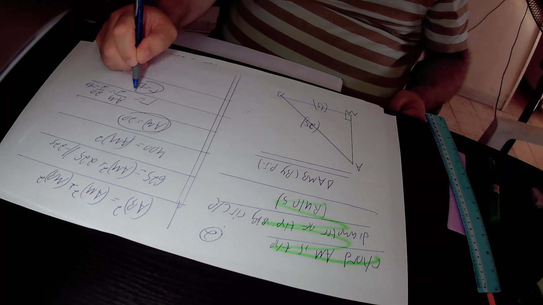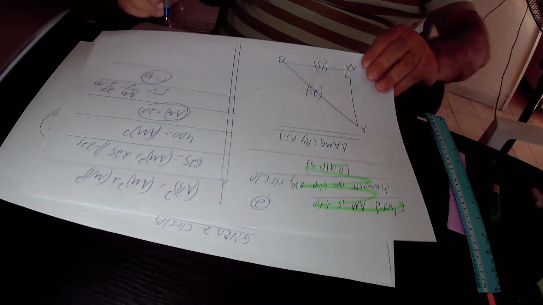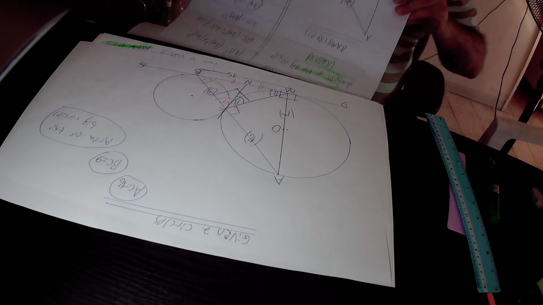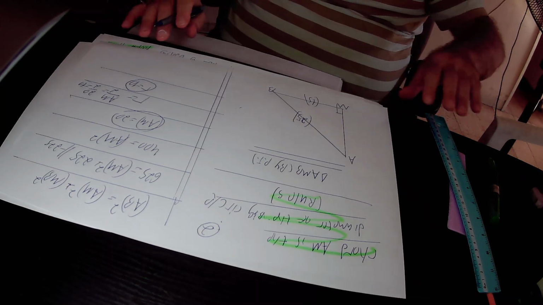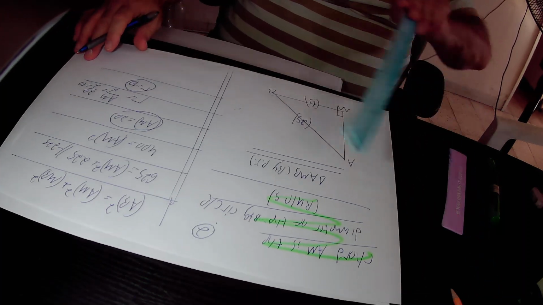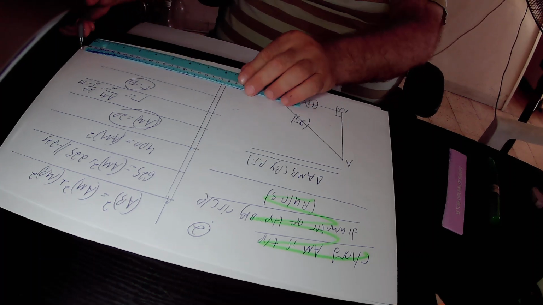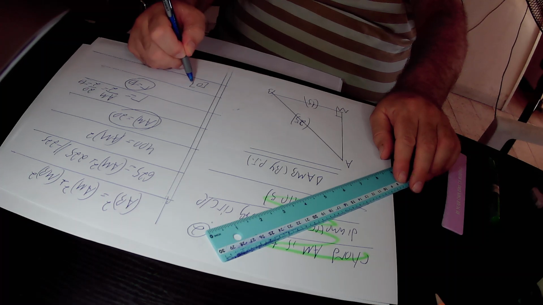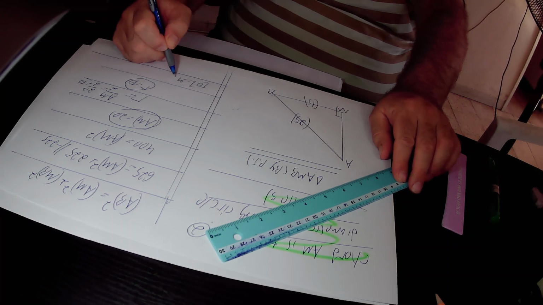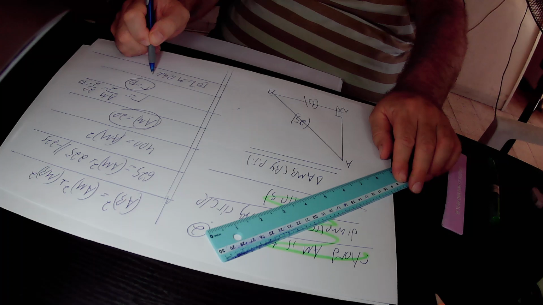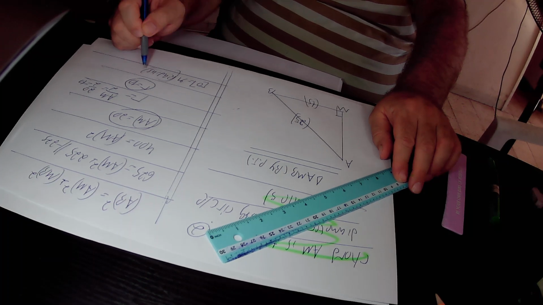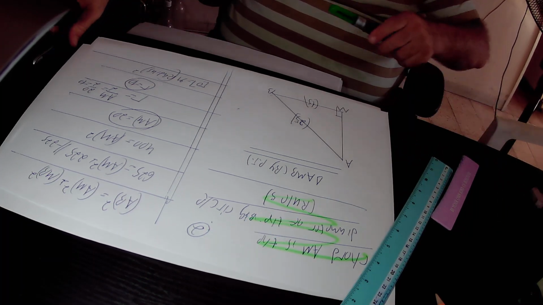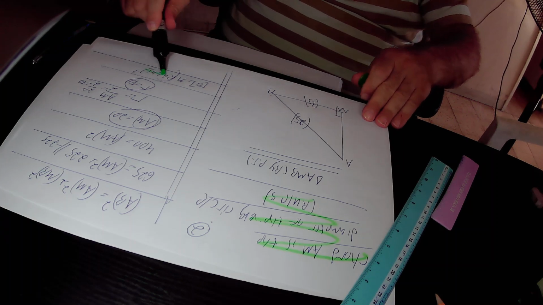Our mission is to find the area of this big circle. Actually, the area of any circle is equal to pi times the radius of the circle squared. Repeat again, the area of any circle is equal to pi times the radius of the circle squared.